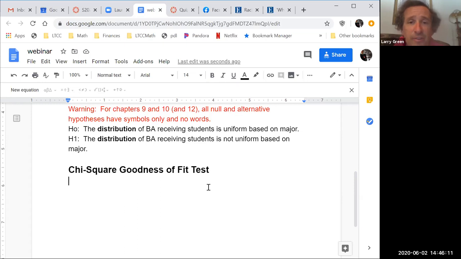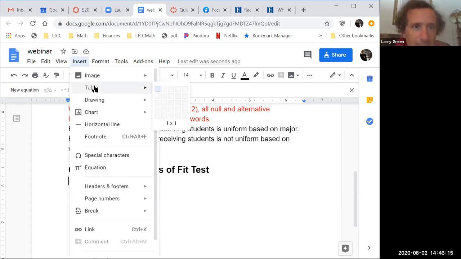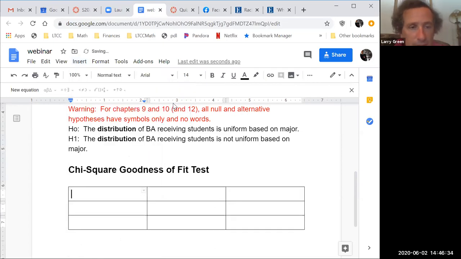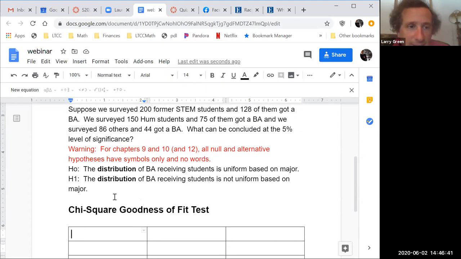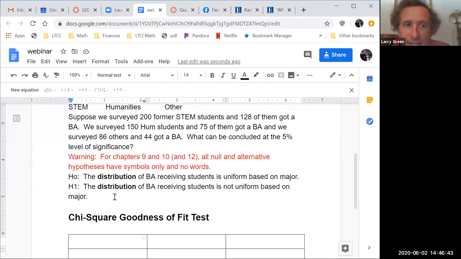And the first thing we need to do is make a table. I think I can insert a table. Yep. So what we're going to have now for the table is like so. The three types that we have, again, we had the STEM.